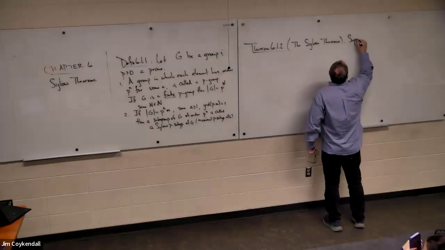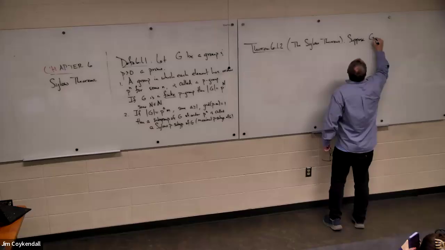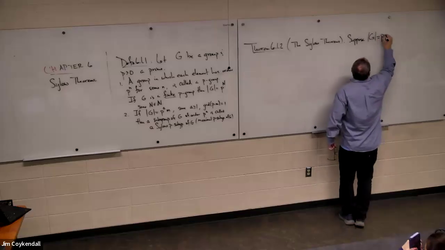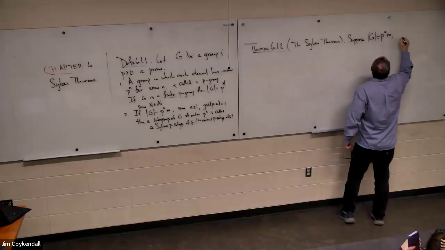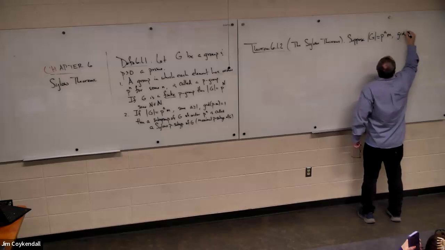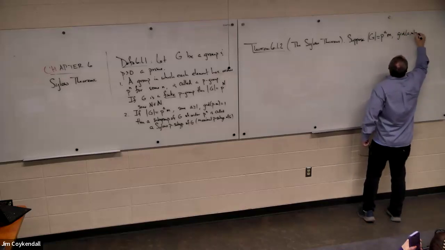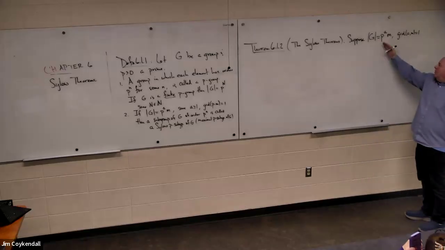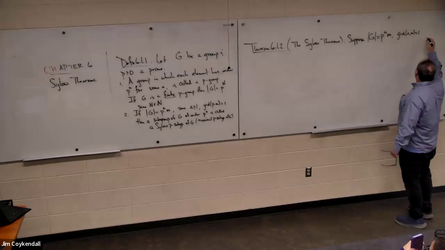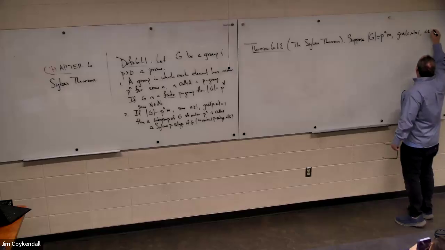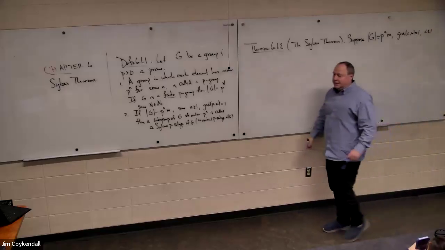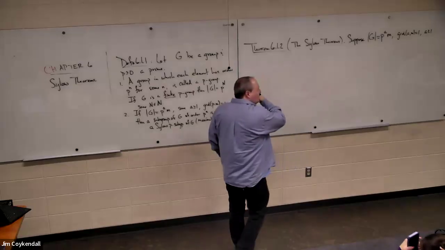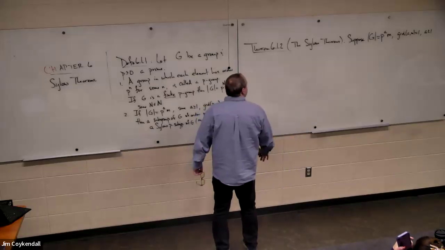So let's suppose the order of G is p to the a times m, where the greatest common divisor of p and m is equal to 1. So in other words, I've pulled all the factors of p out of this that I can, and a is at least 1. I think you can do this without a being 0, but the statements are all trivial then.